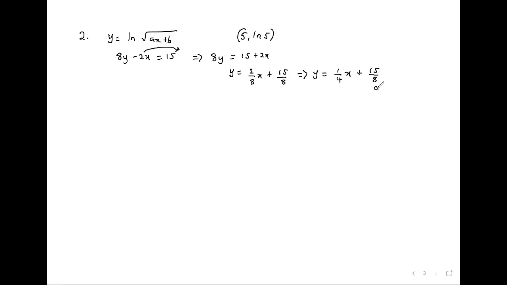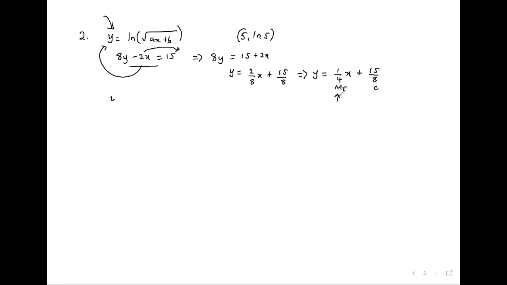This is c. This is m, the tangent line. I mean the gradient of this line. Because we are told that the tangent to this has a parallel line, this one. So this line is parallel to the tangent to that line, meaning that the tangent to this line has equal gradient to this one that we have here.